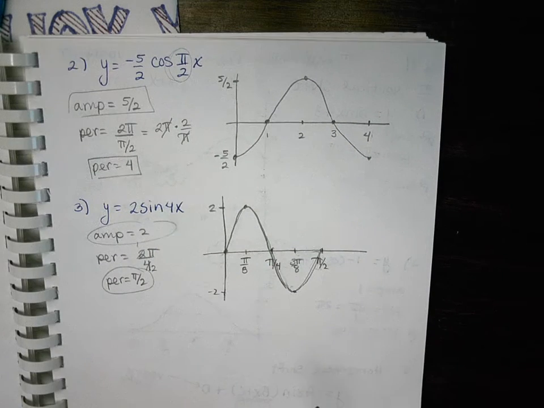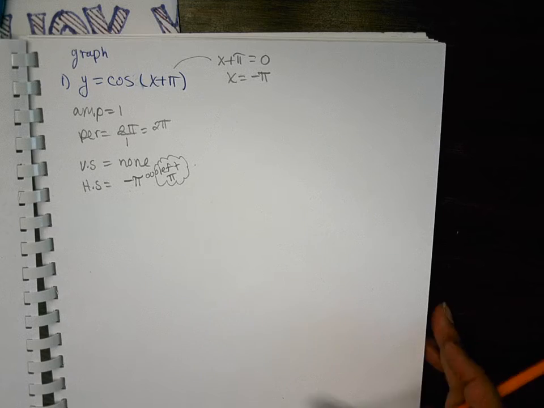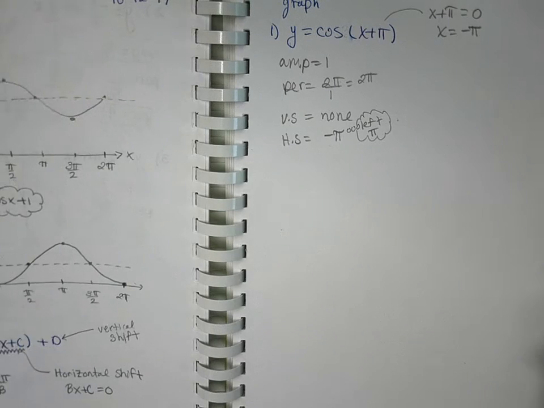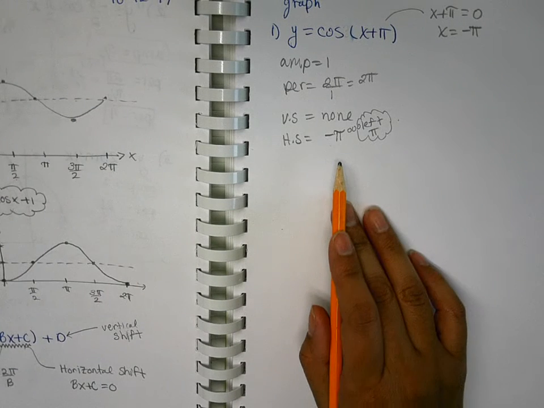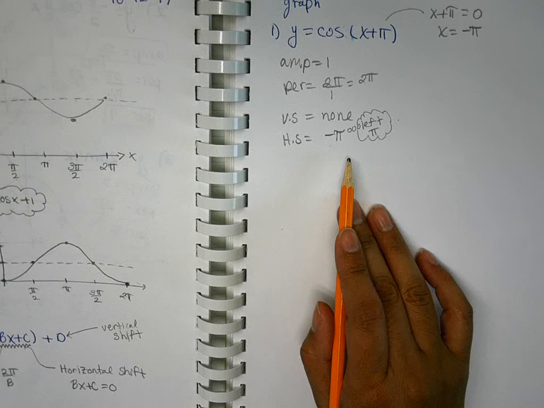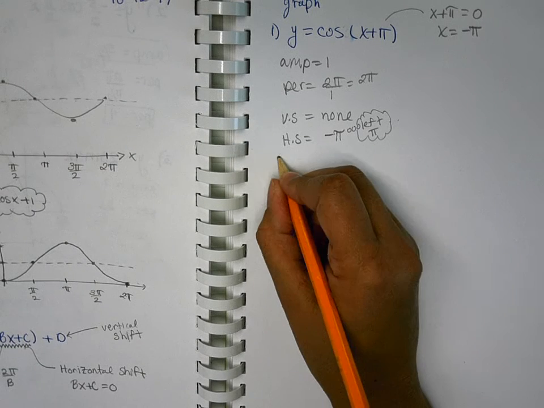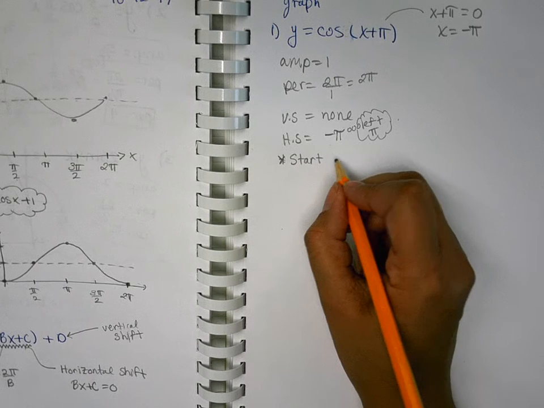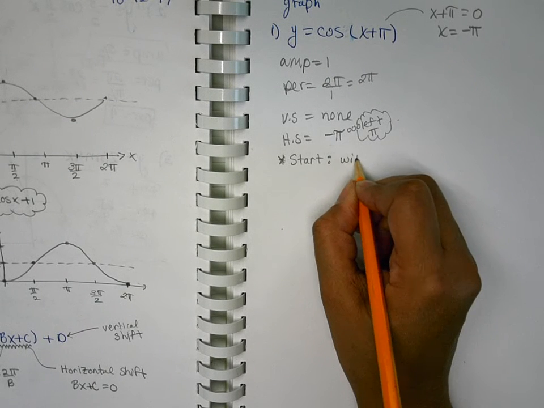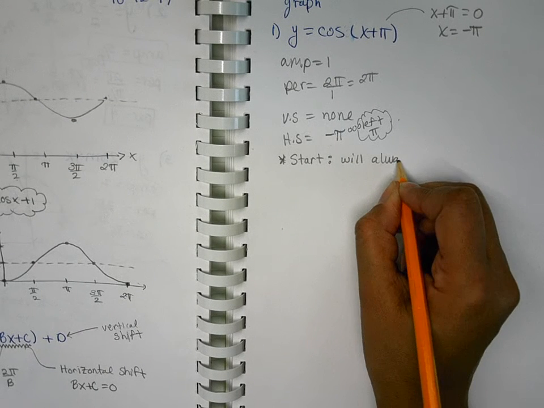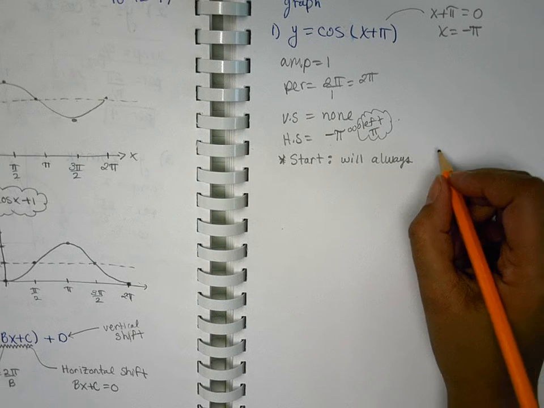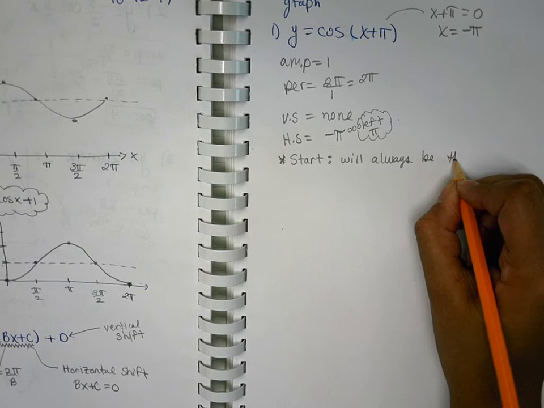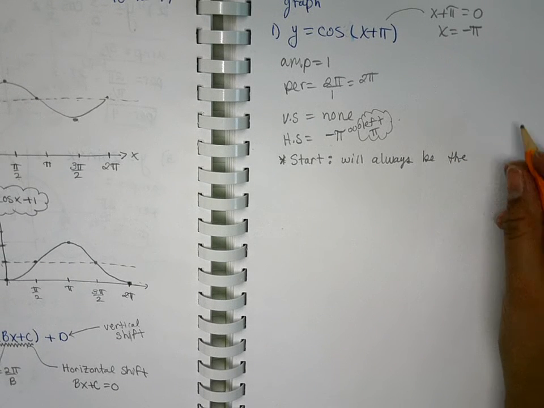Now, with that in mind, we are going to start and end at different places because of this shift. Okay, so let's write it down. Your start will always be the HS.